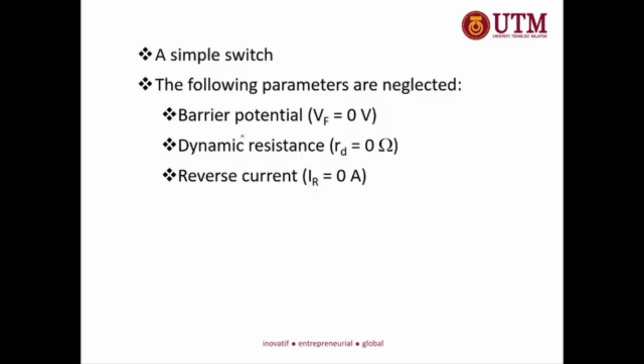The AC resistance at the on state should actually have a certain value, around 10 ohm, something like that. But now we assume that the dynamic resistance is equal to 0 ohm because of the short circuit. And then for the reverse current, we assume that the reverse current is 0 ampere, meaning that we assume the reverse resistance is equal to infinity.